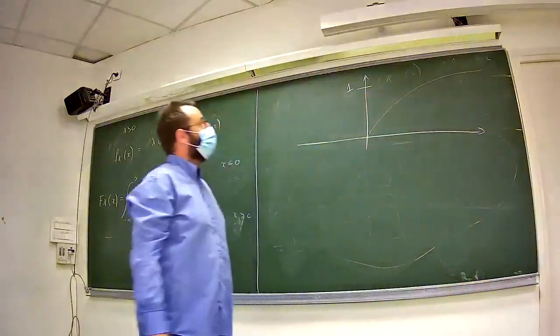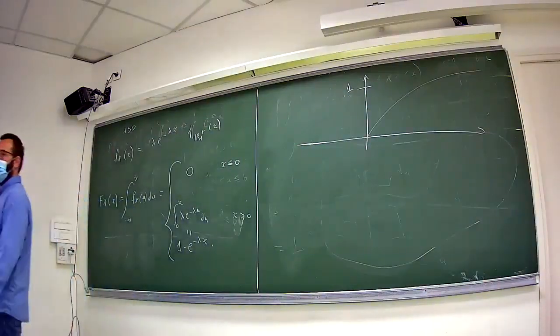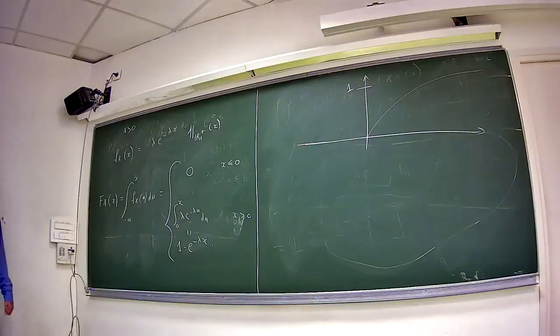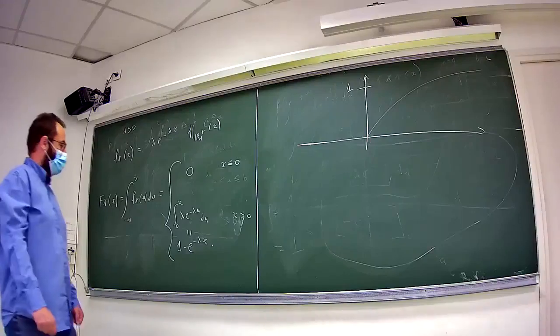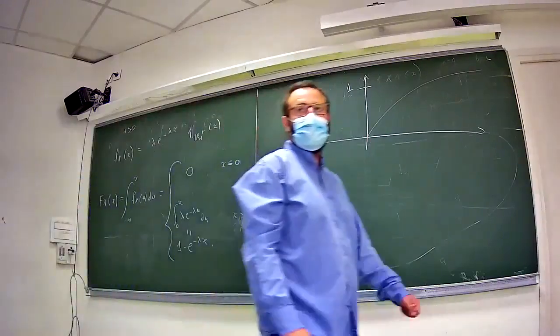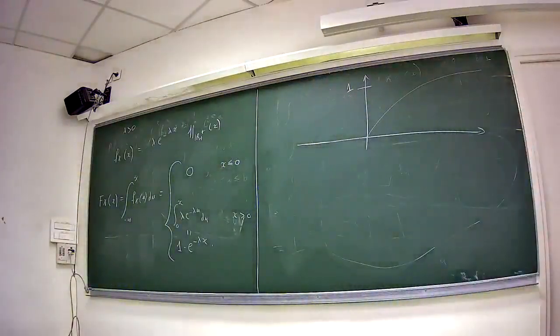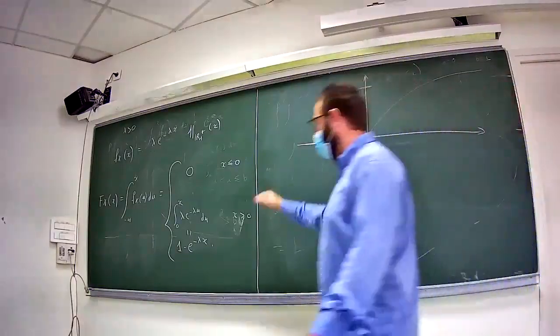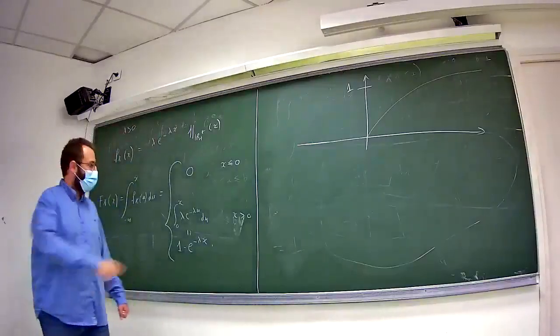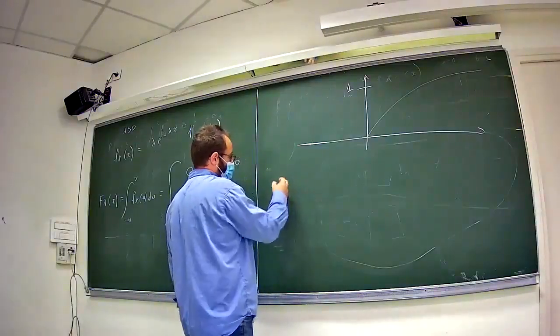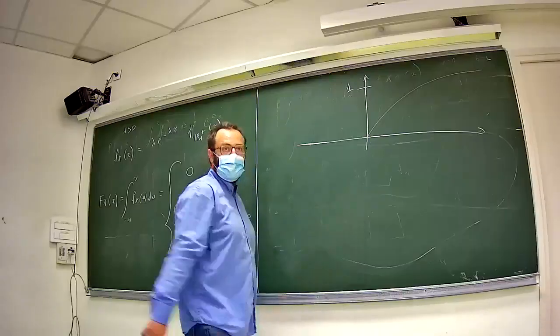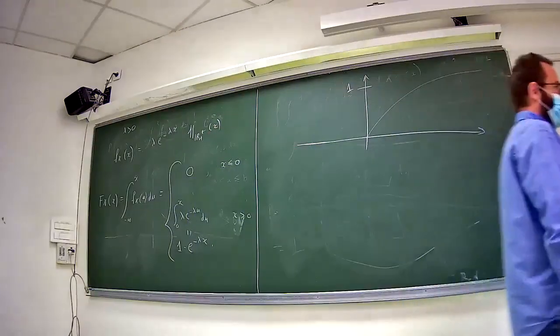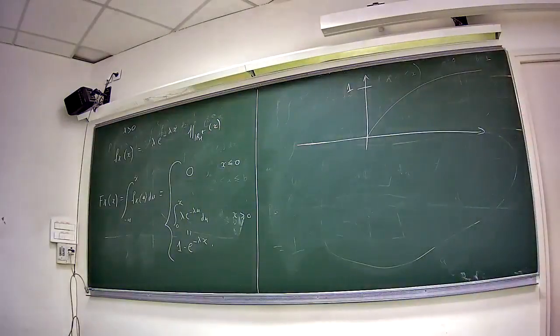You have a limit that is 1 in plus infinity, and you have something that looks like this. You have minus a negative exponential. So it's not like this, because I don't want to enter into details, but I know the negative exponential goes that way, so the negative one would be this one. So I have my distribution function for the exponential.